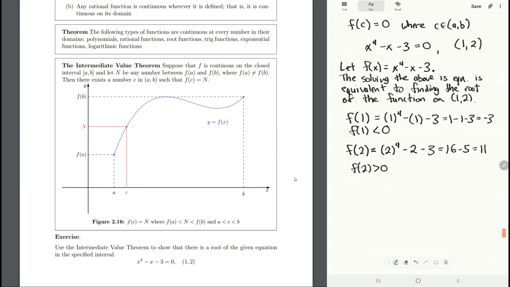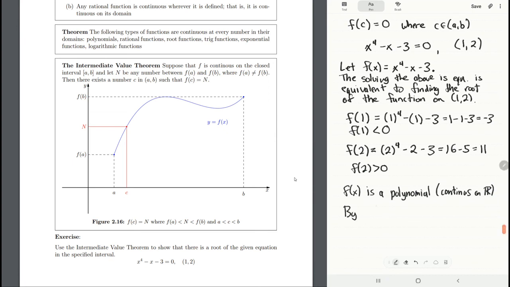Our function is a polynomial, which is continuous on all real numbers. And so the conditions for using the intermediate value theorem are satisfied.